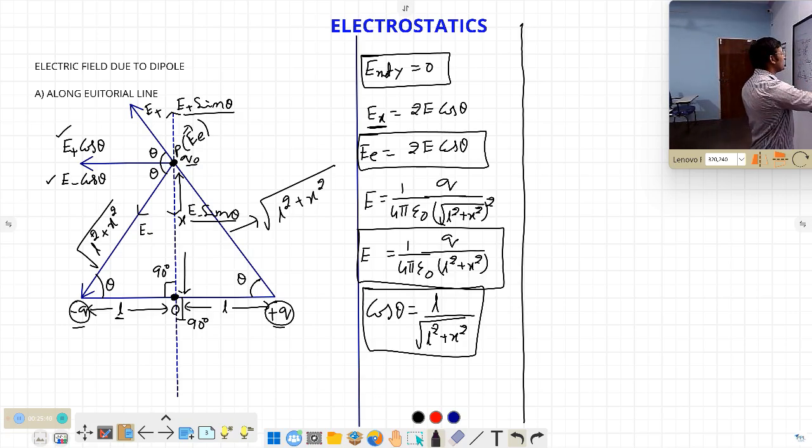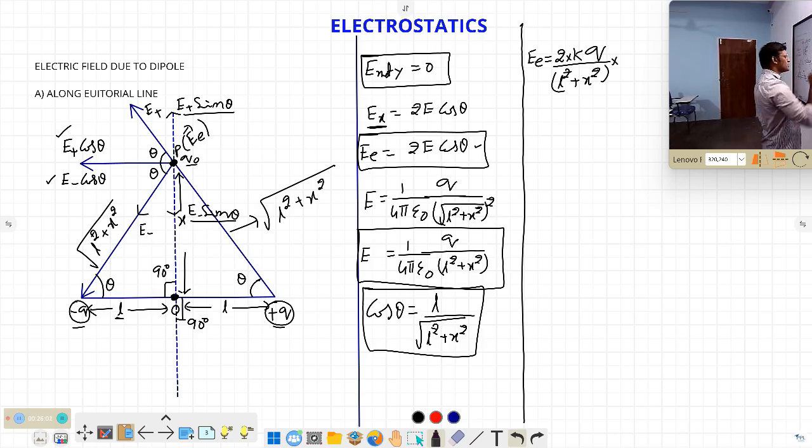Substitute here. The electric field along the equatorial line is equal to 2 times the electric field, that is 1 by 4 pi epsilon naught, which I am writing as the constant k, into Q by L square plus x square, that is the E value.